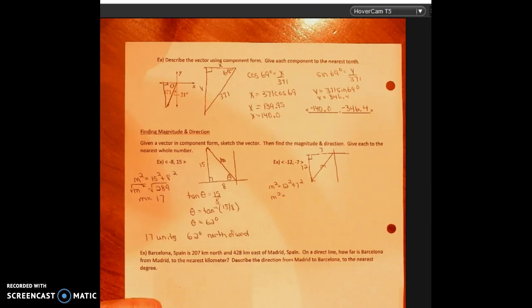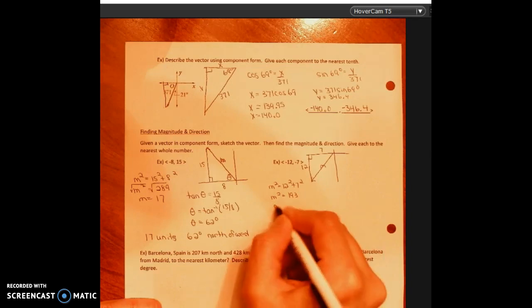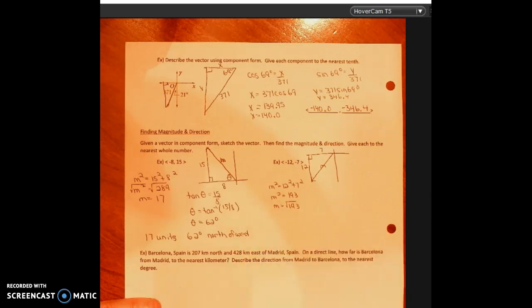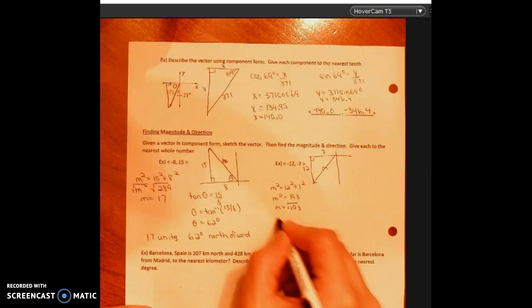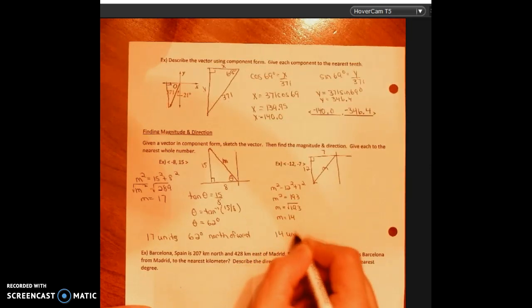Plugging that in our calculator, we get 193, and 193 is not a perfect square. It says round each to the nearest whole number, so we're going to take the square root of 193, and that is 14. So it has a magnitude of 14 units.